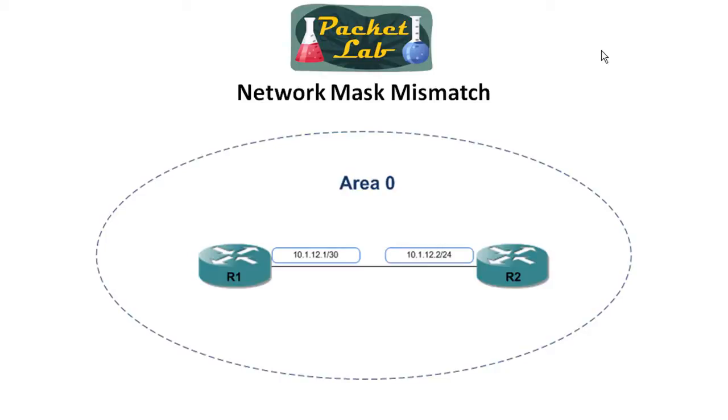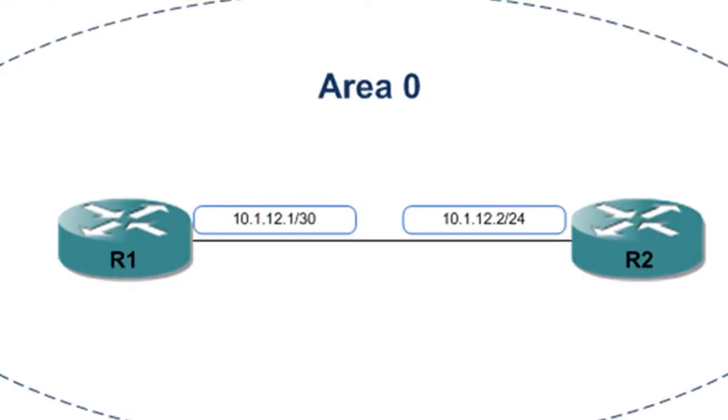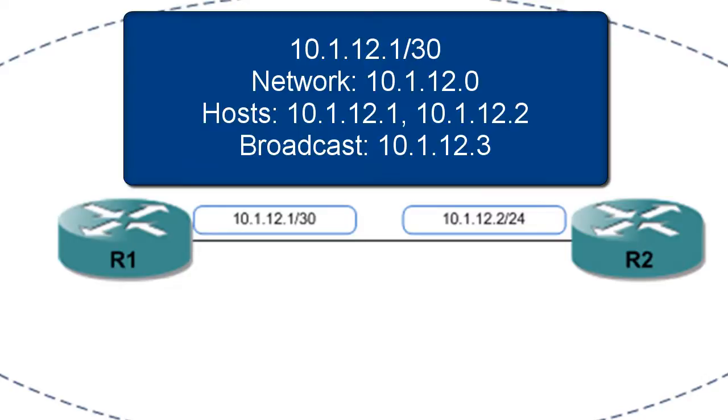So the network mask mismatch, or the why or sixth vowel mismatch, because sometimes this is a problem, not always. And our topology is going to be the same. I guess we're rocking area 0. That doesn't really matter. But as you can see here, when we're taking a look at the network mask, we're looking at R1, and that has a /30 network mask, and R2 has a /24. Not going to go back into network mask, but just to say here that the reason this works is because the .2 actually is included here, because with the /30, you can have the 0, the 1, the 2, and then the 3 would be the broadcast.